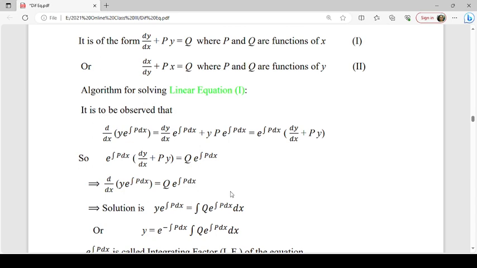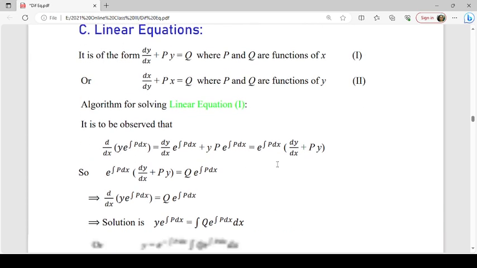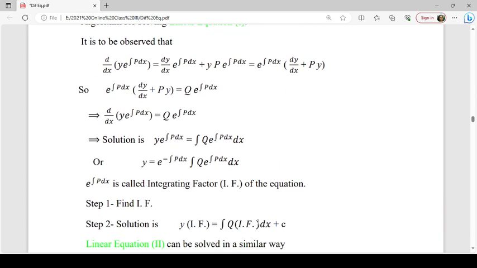Step 1 is, first we find the integrating factor, then the solution is y into integrating factor is equal to integration of q, the right part, q into integrating factor dx plus c.